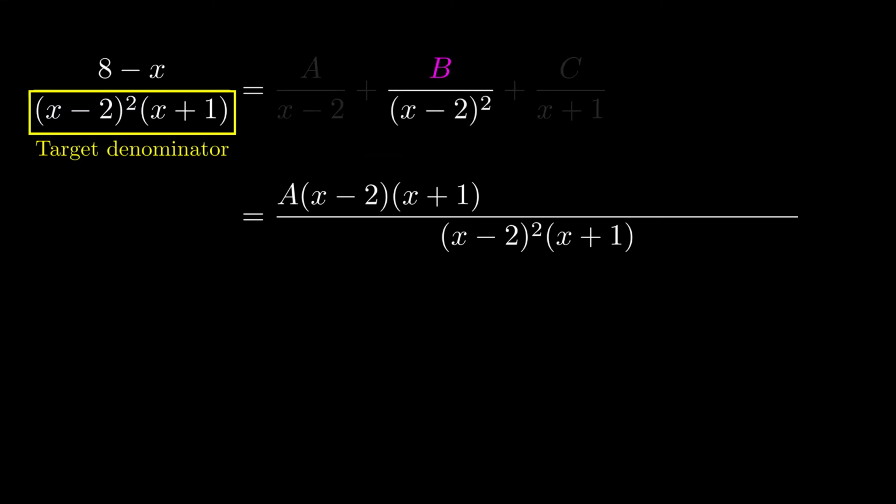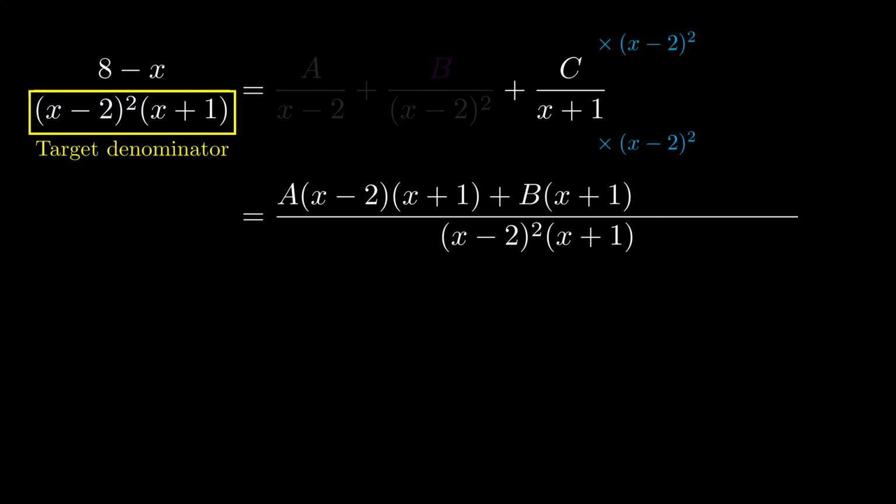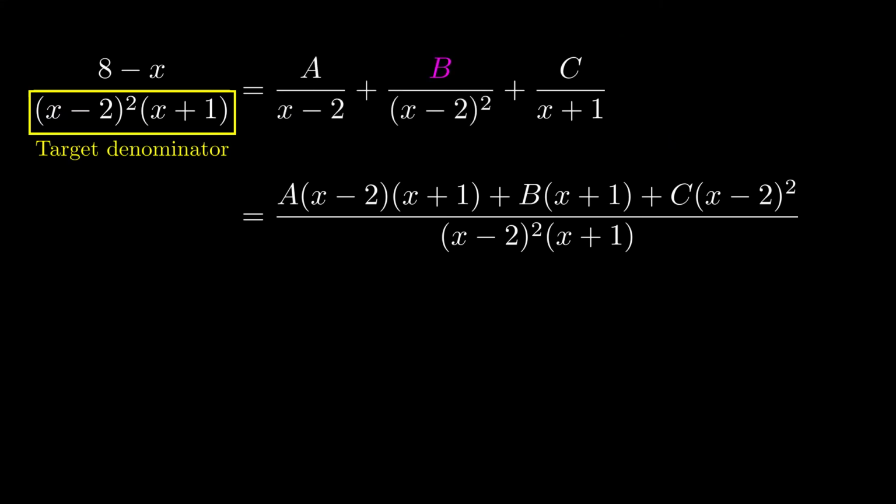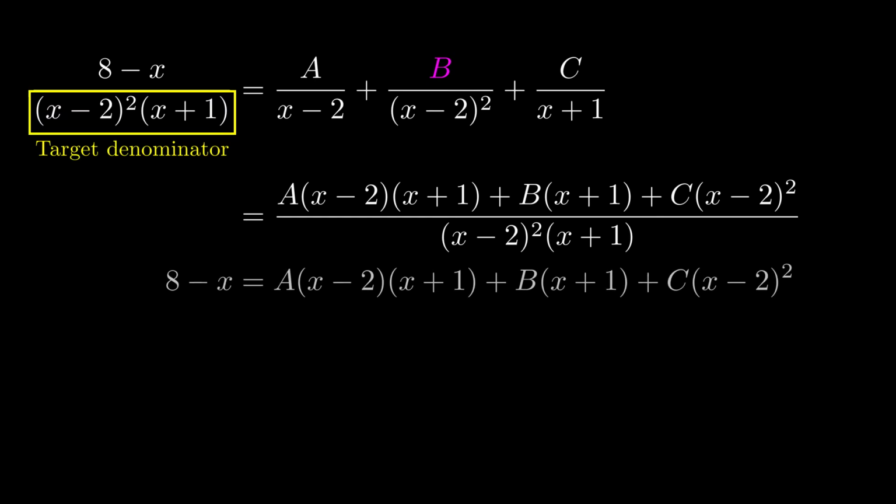I think this guy just needs the x plus 1, so we add that in. And then the last one needs both copies of x minus 2. So we've got to multiply c by x minus 2 all squared. So that's our numerator. And so once again, we need to equate the numerators. So 8 minus x equals that whole top.